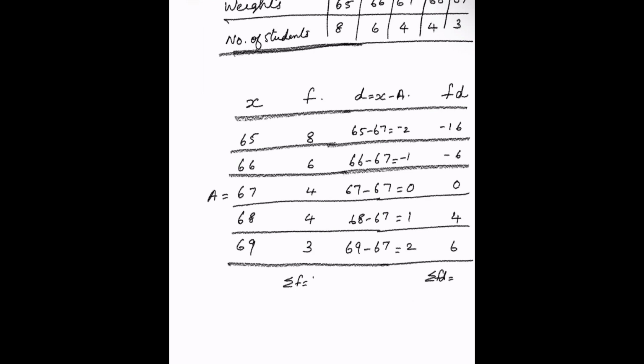I'm getting 25 here. And on this side, 6 and 6 cancelled out. I'm getting negative 12. Are you getting negative 12? We have just simplified the calculation. And sigma FD is negative 12, and sigma F is 25.